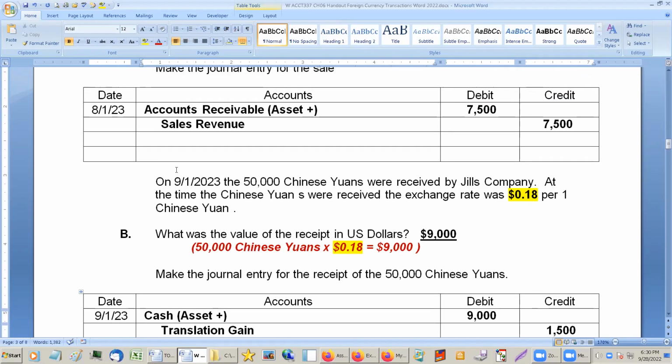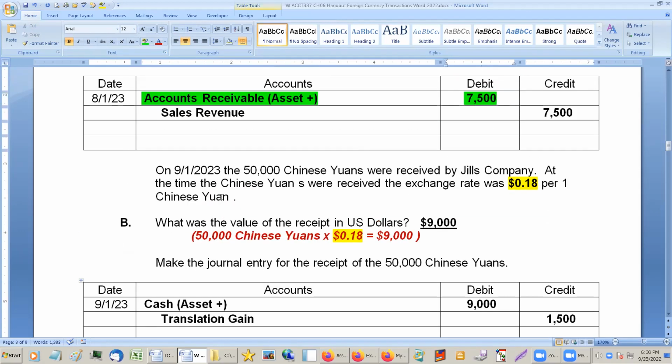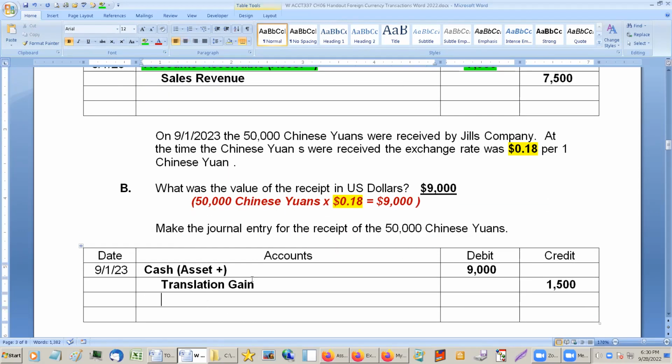And then we'll just take the, so this one's going to come off, this one's going to come off, it's going to come off at the same as we put it on. So they no longer owe us the 7,500. And yeah, that balances. Okay.